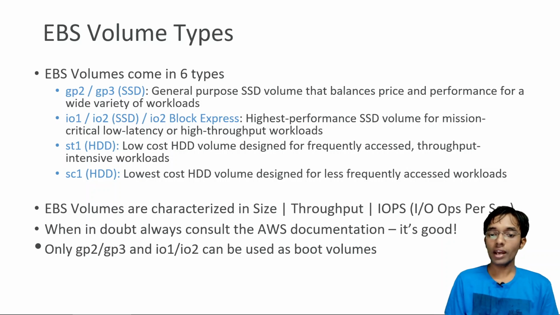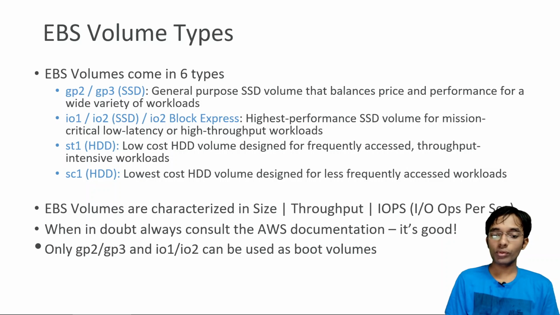If you have a need for a low cost hard drive, designed for frequently accessed and throughput intensive workloads, usually sequential reads, then ST1 is going to be a great choice. And if you want cold storage for less frequently accessed workloads, then SC1 is going to be a good use case for you.